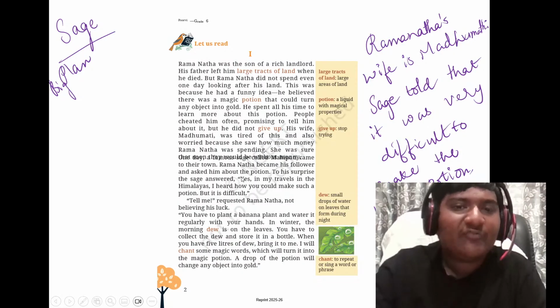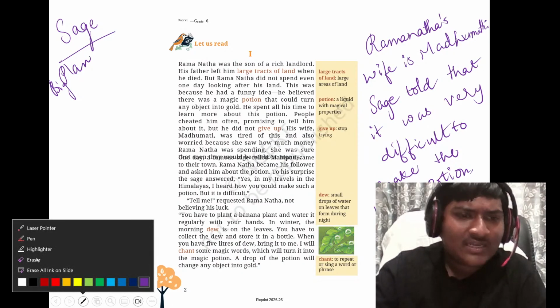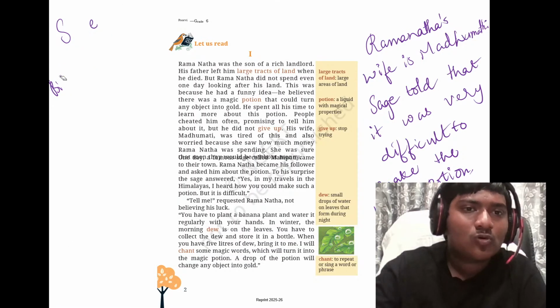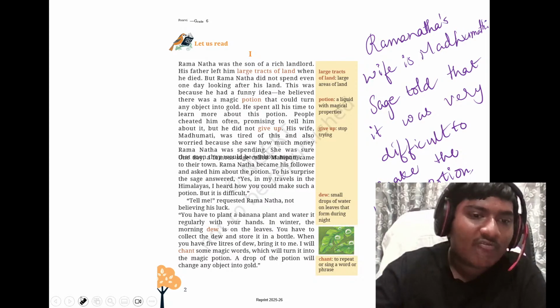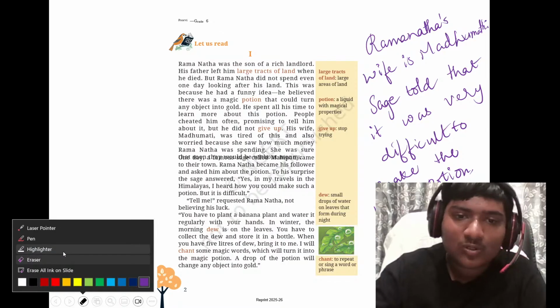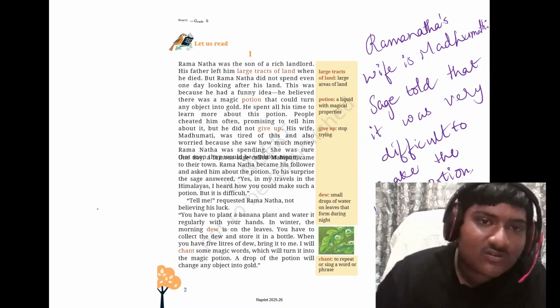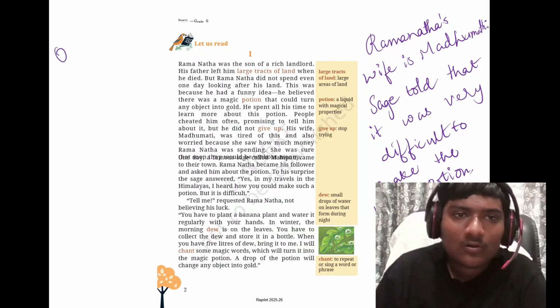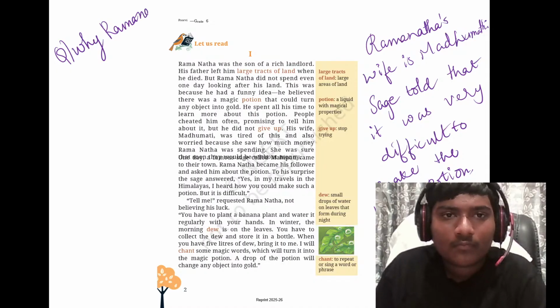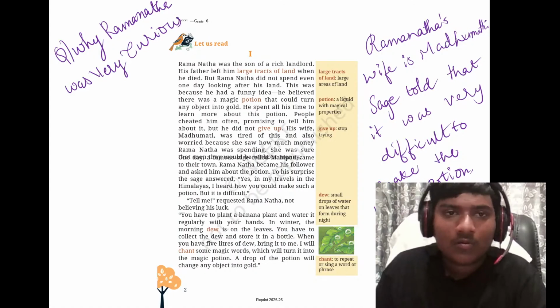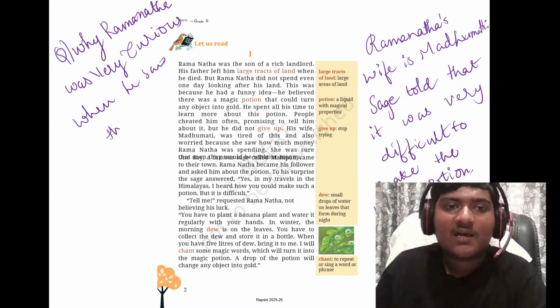So Ramanatha was very, very curious. Why was he so curious? Tell me, children. There is a question that appears: why was Ramanatha very curious when he saw the sage?